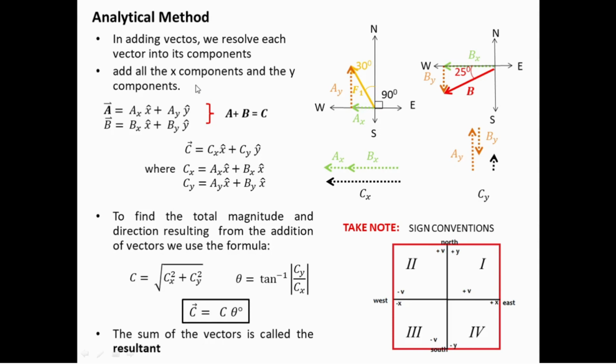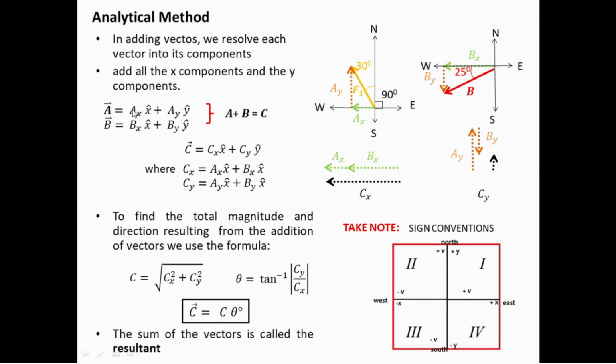You have to take note that you cannot add the x components with the y components or the other way around. You can only add all the x components and add all the y components of the vectors to be added. Say for example, we have vector A and vector B, and we have here the components.